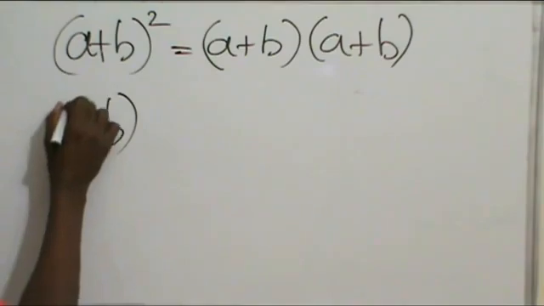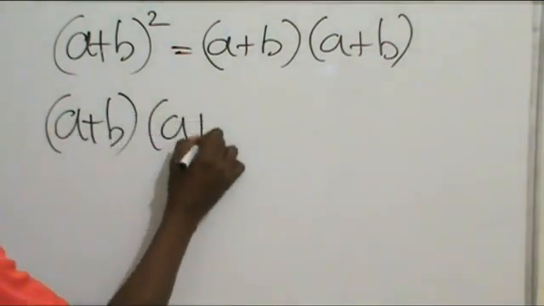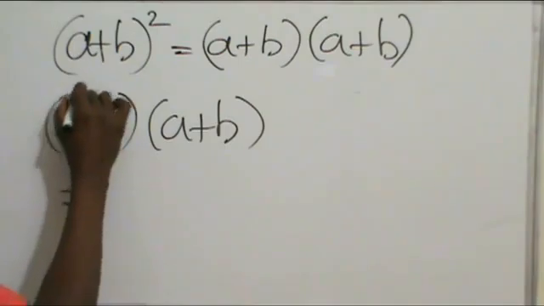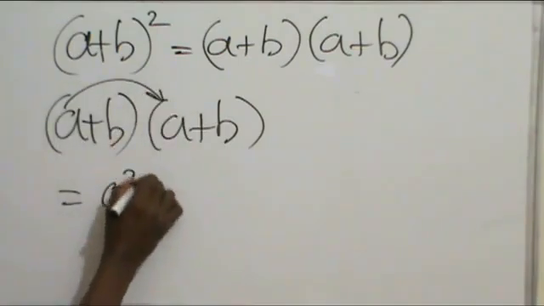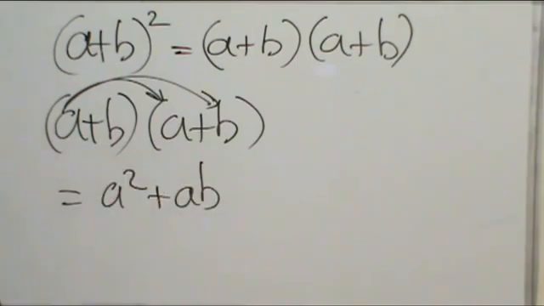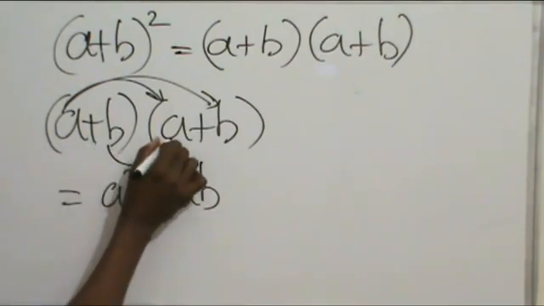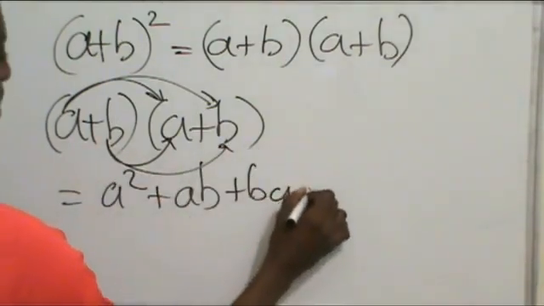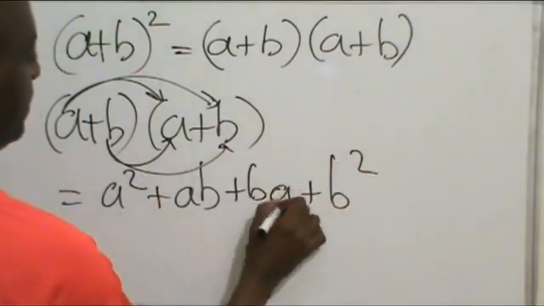(a plus b) into (a plus b) is equal to a by a is a squared, a by b is ab, plus b by a is plus ba, plus b by b is b squared.